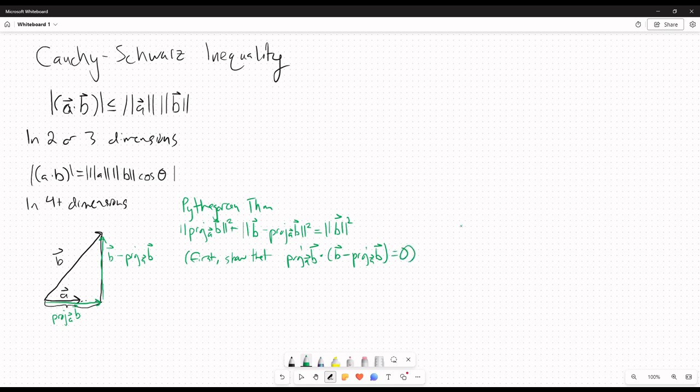This ends up being true if you do the math. So we're allowed to use this Pythagorean theorem.